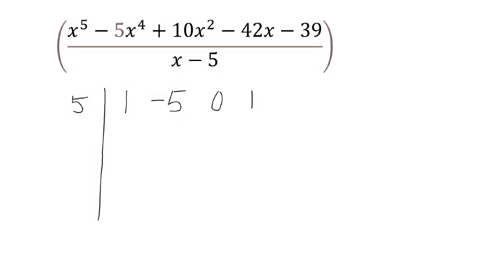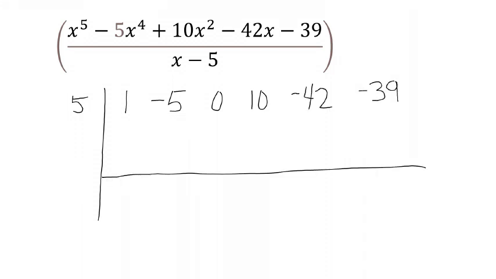Then we have +10, -42, and -39. So let's go through our steps. The first thing we do is bring down the first number, 1. We multiply our 5 times our 1, which equals +5, and put it in our next column. Then we add that column: -5 plus 5 equals 0.